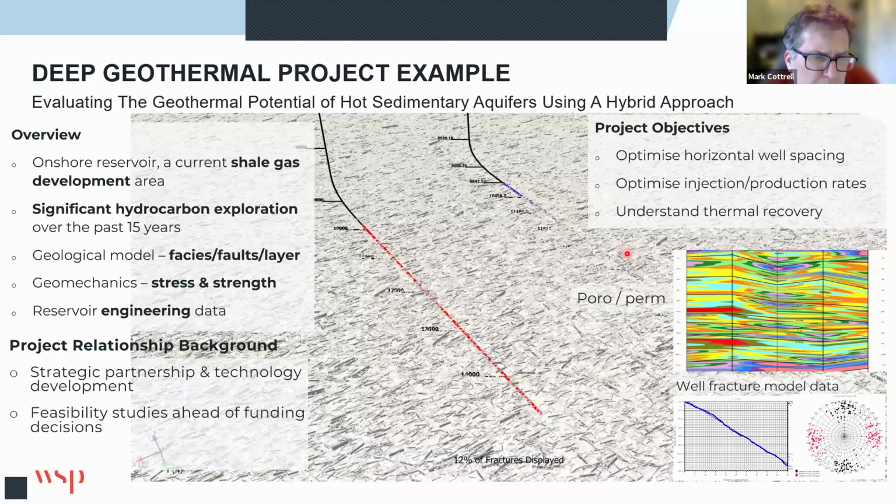Okay, so for this particular project, I've mentioned there are geological, geomechanical, and hydraulic or reservoir engineering components. This slide just gives a bit of a flavor. Well, what does that model actually look like?